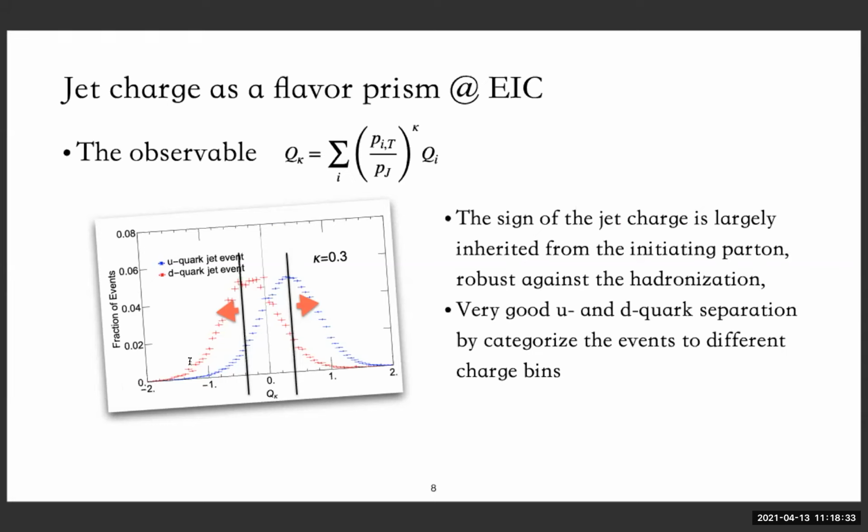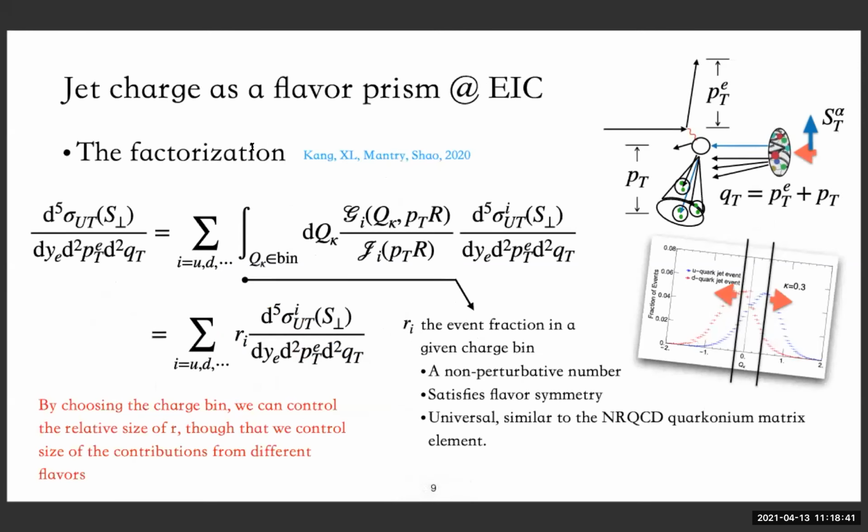Okay, and this kind of event fraction of the jet charge can be related to the spin asymmetry via the factorization. So here is the factorization theorem. For the time being, you can ignore all those notations here, just focus on the final conclusion.